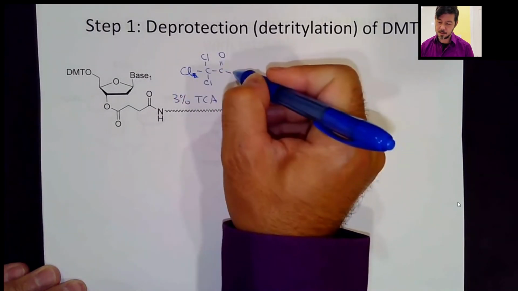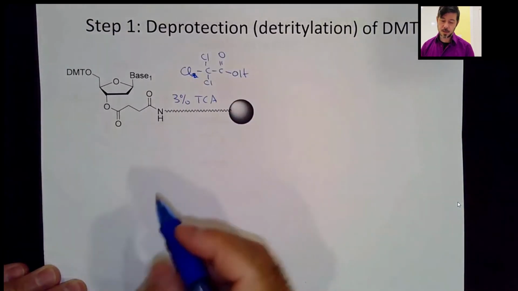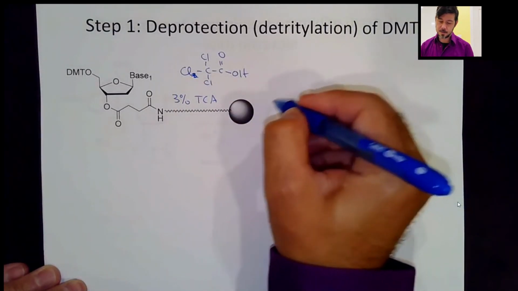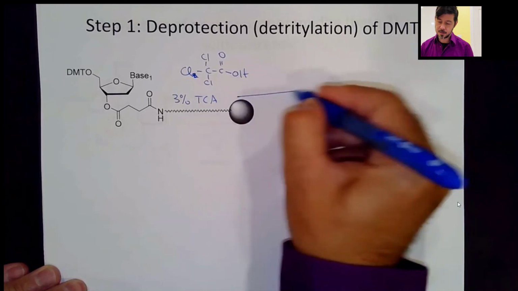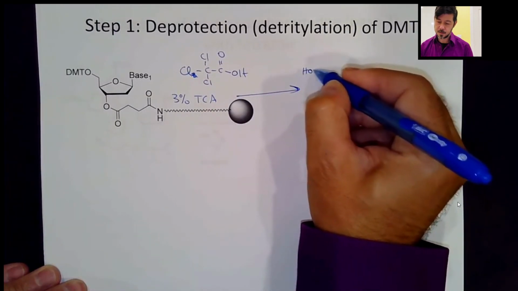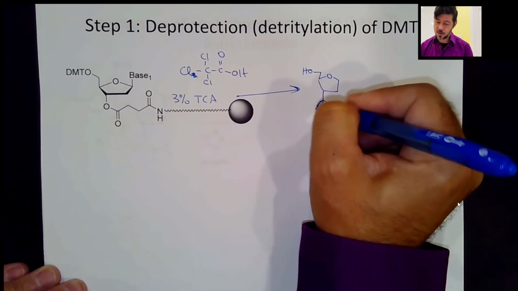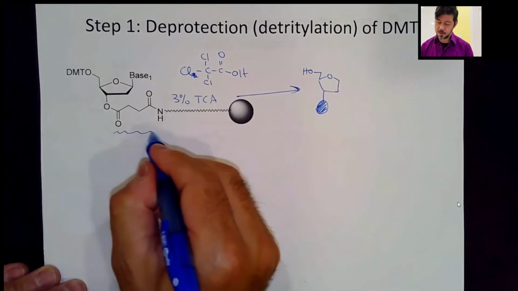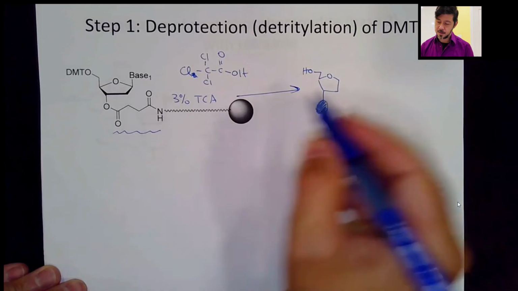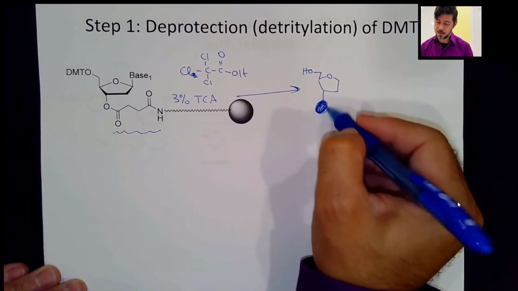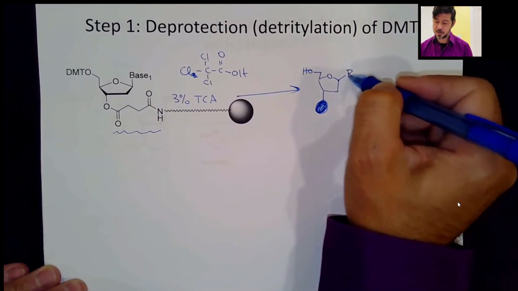I think that's better. Trichloroacetic acid, and what that will generate is this. And I'm not going to draw this linker each time. Okay, so I'm just going to immobilize it like this, and it's understood that it's attached to a solid support.